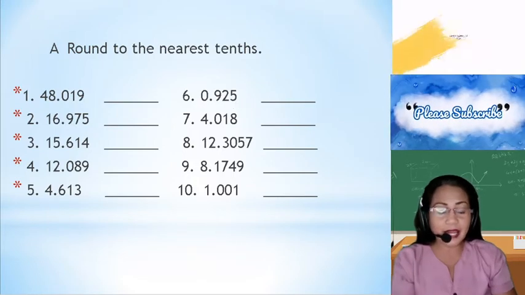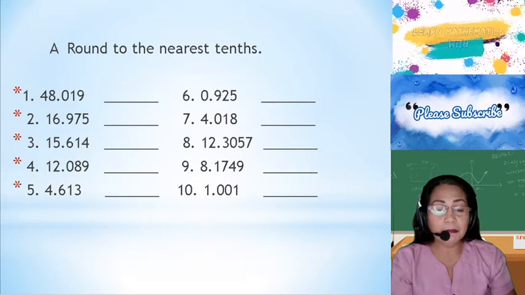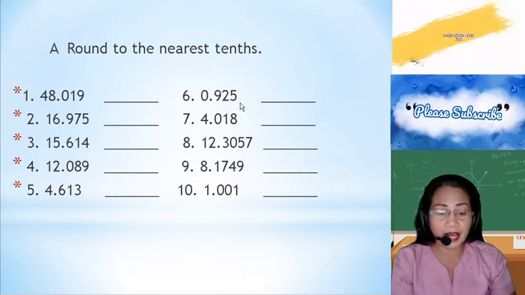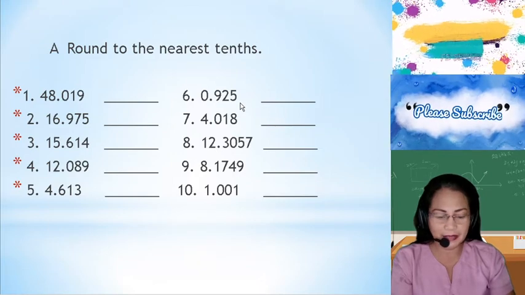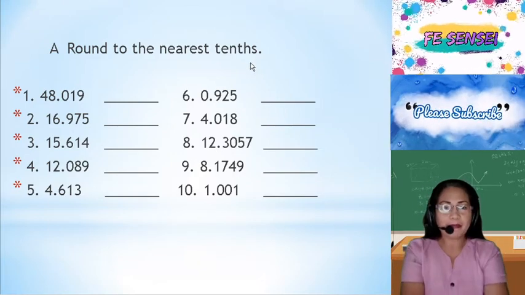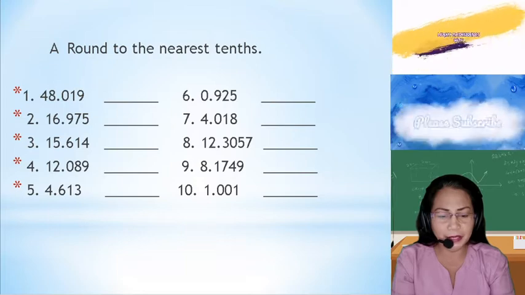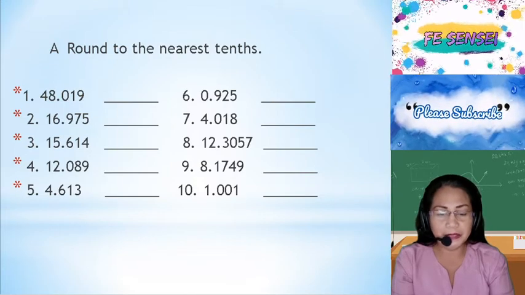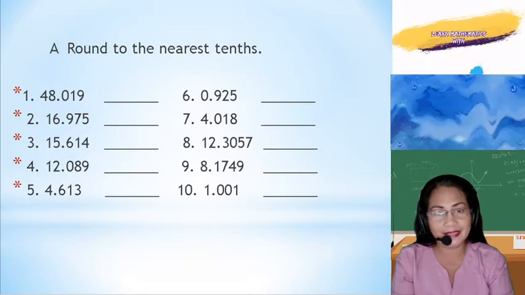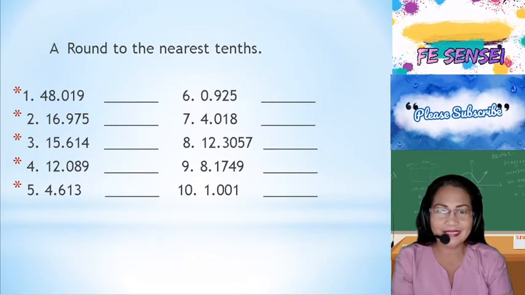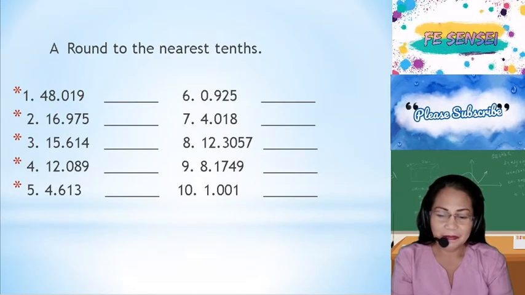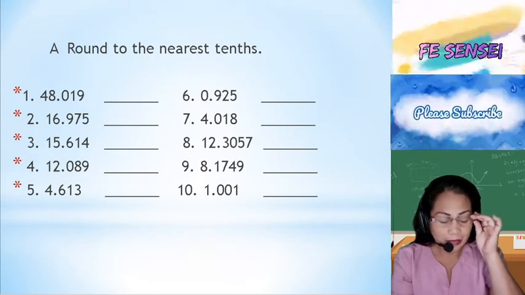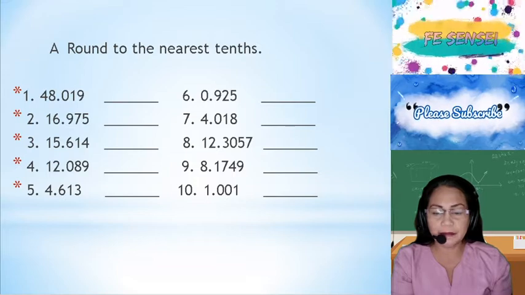We have to say the decimals right away. 925 thousandths. Okay. Answer on your notebook. Round to the nearest tenths. Okay. Let's check your answers.